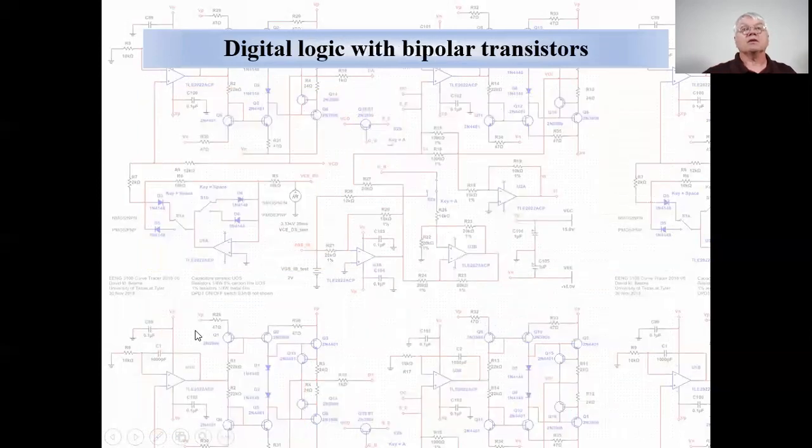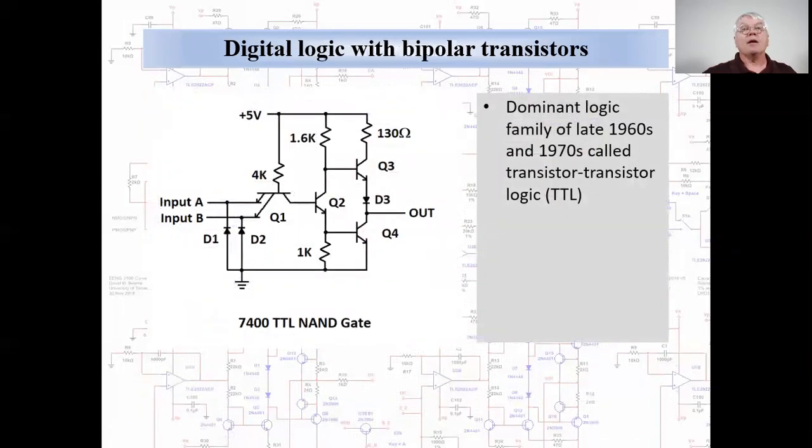Now let's take a look at the state of the art in digital logic devices at the end of the 1960s. The dominant type of logic circuits at the time were called TTL, meaning transistor-transistor logic. This is a diagram of a 2-input NAND gate.